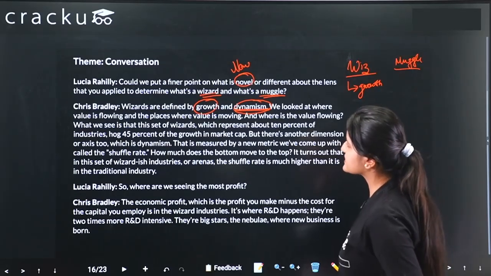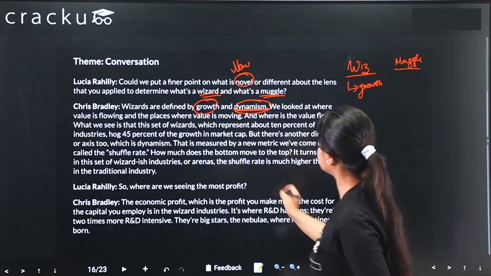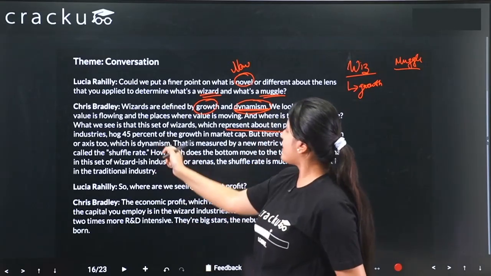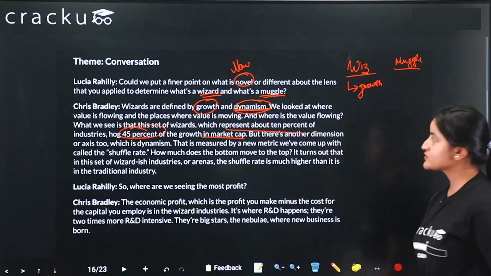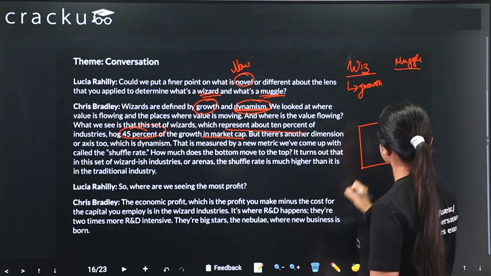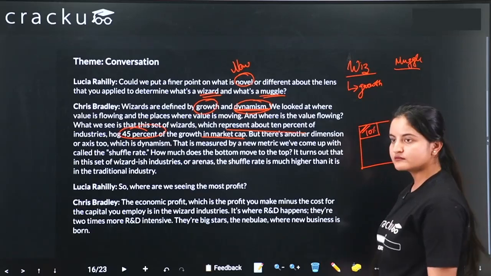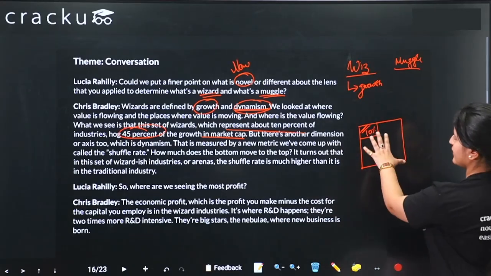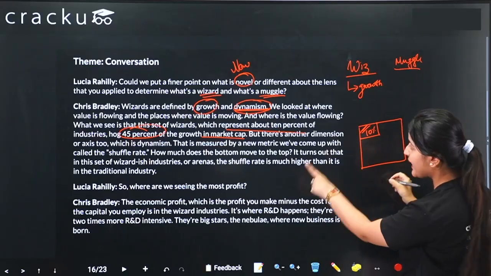What we see is that the set of wizards, which represent about 10% of the industries, hog 45% of the growth in market cap. So these wizards, suppose this is the industry and they occupy only 10%, like they are 10% part of the industry.